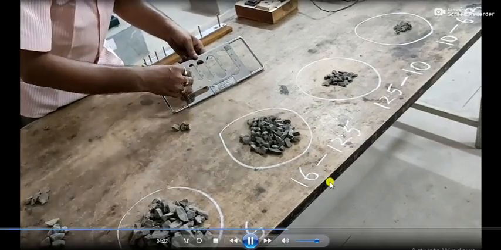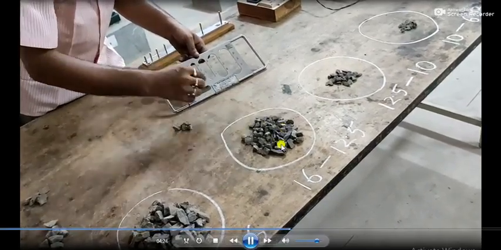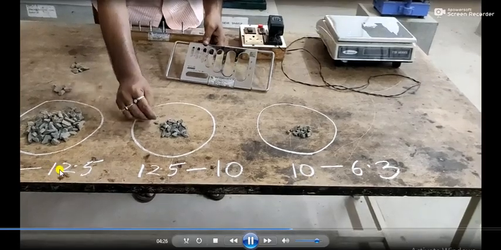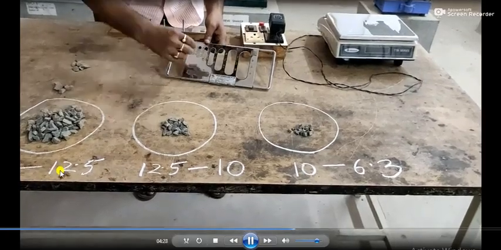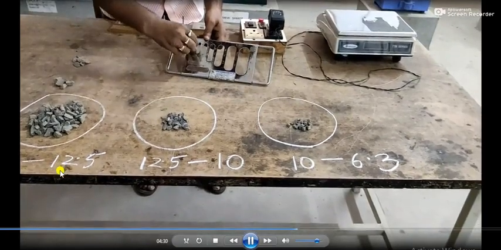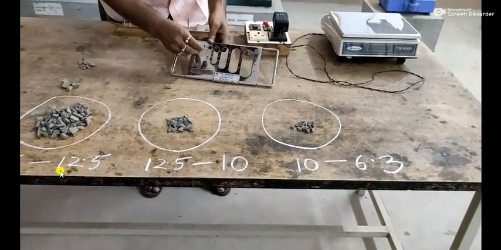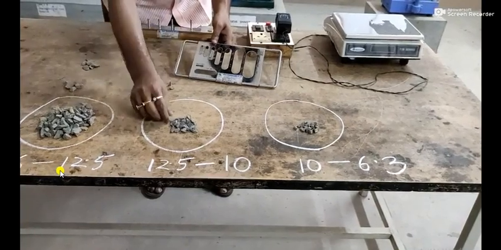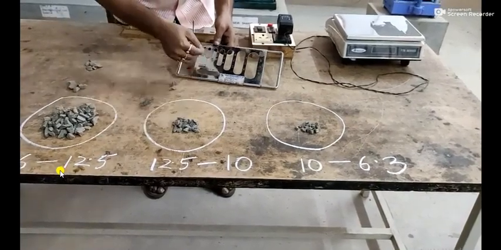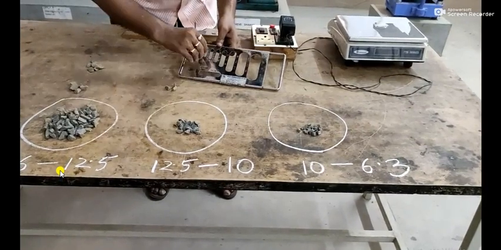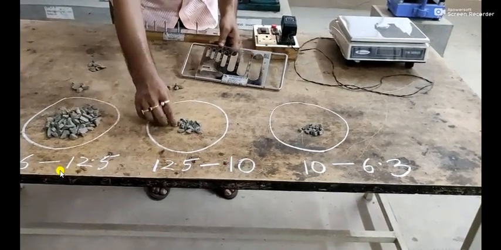This aggregate is coming from the 16 mm passing and 12.5 mm retaining. And for all the sieves we will have to take all the materials and do similar testing.